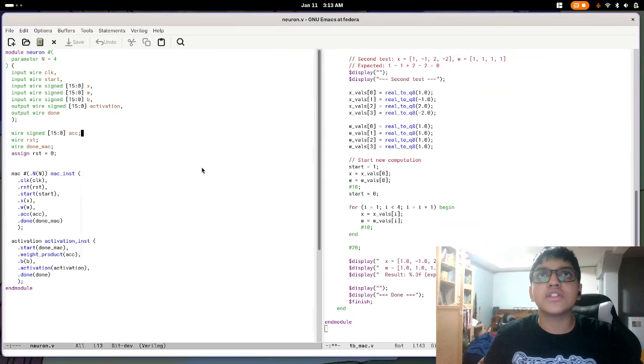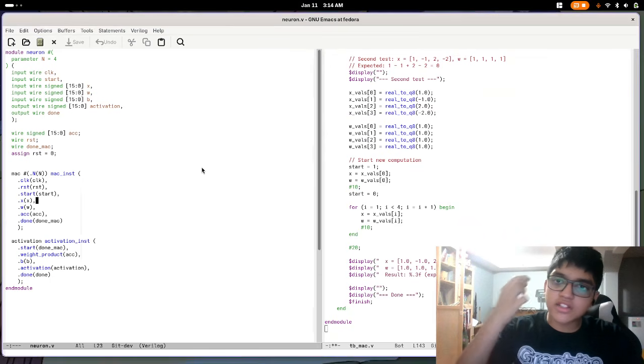So this is accumulate, reset, and then are we done, the multiply accumulate. So we assign reset to 0, and then over here we are just setting all our inputs, parameters, all that.